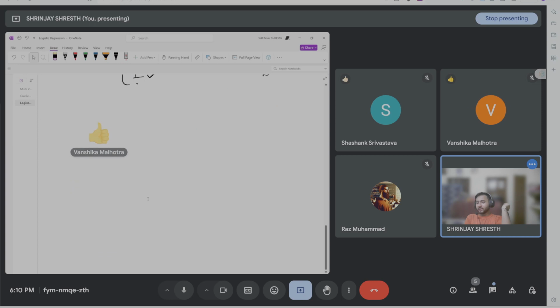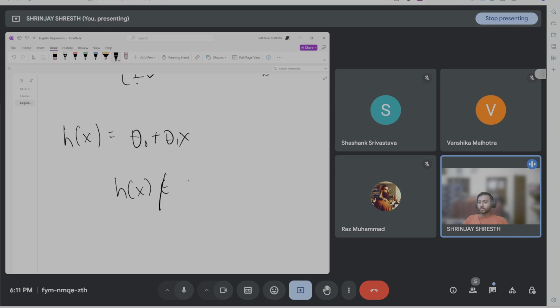Okay, so if I show you, acha, so you see if your hypothesis function was something of the order theta naught plus theta 1x, what we see, your hypothesis function will not belong to this value for all xi and yi.